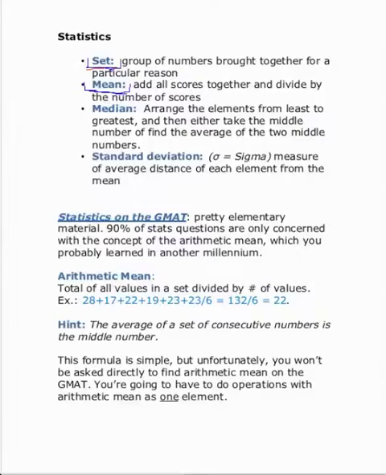Arithmetic mean, average. And what I find really helpful when you look at this is don't let them get you to make it more complicated than it needs to be, because that's what they try and do all the time. I mean, almost every question. They want you to try and spend too much time on it, expend too much mental effort, maybe get frustrated, maybe make a simple human error in doing your calculations.